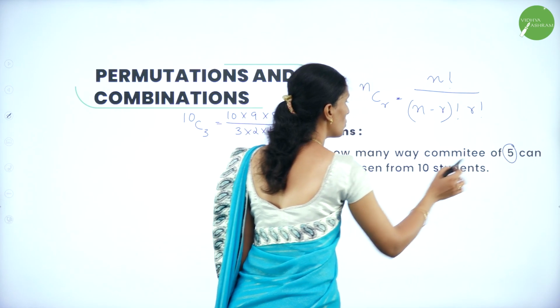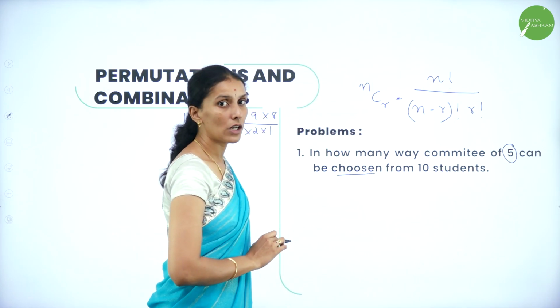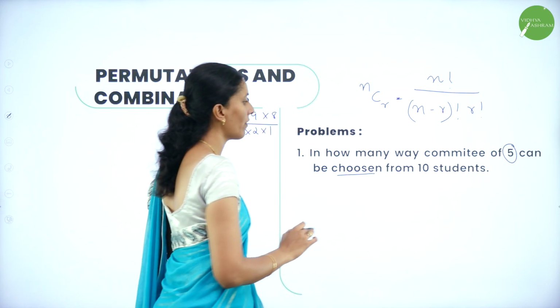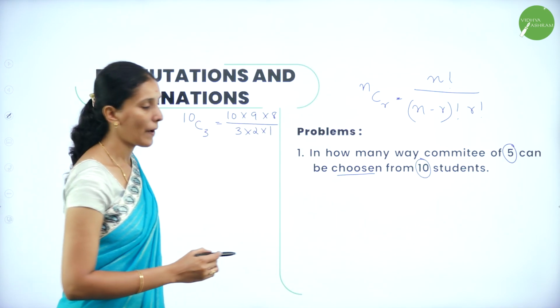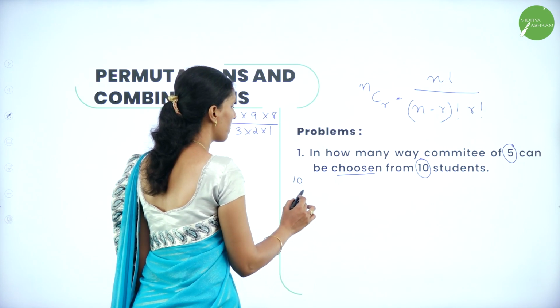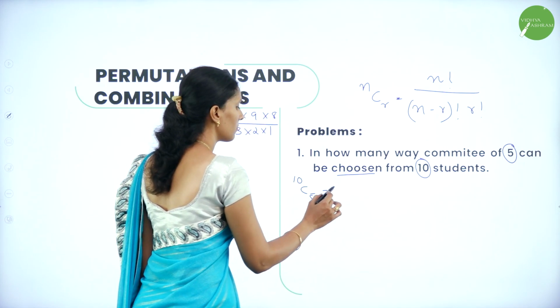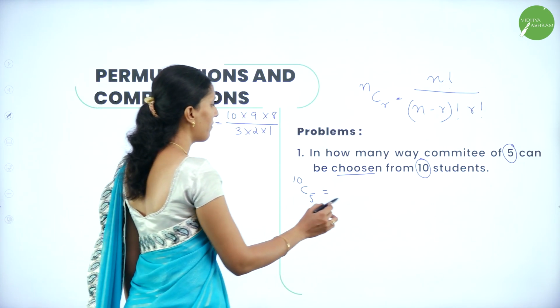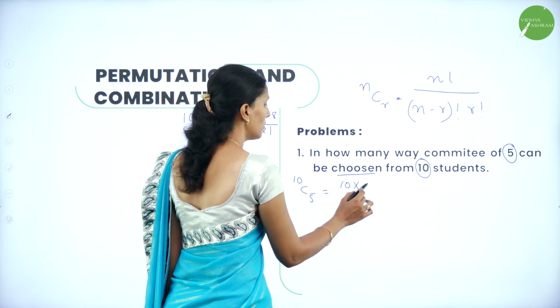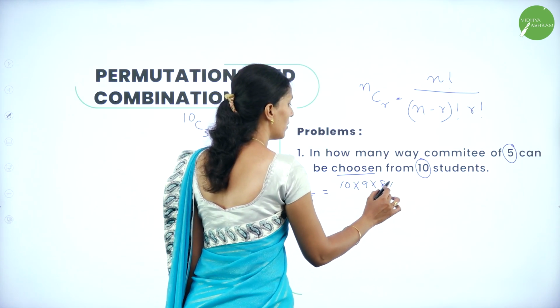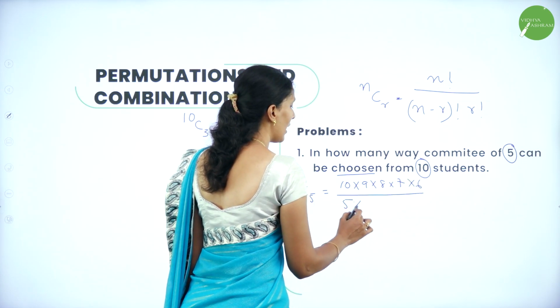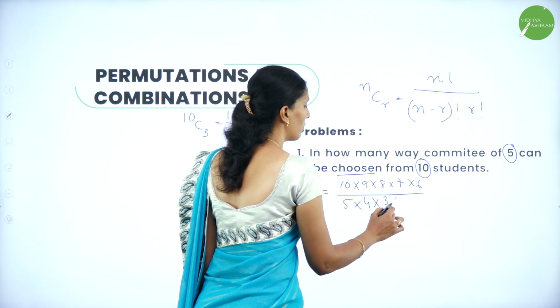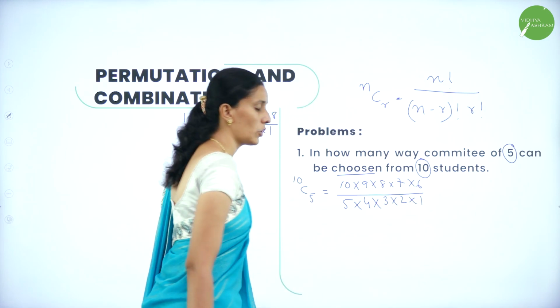We have to choose. Remember the word choose means combination. So 5 out of 10 students. So what will be my nCr? My nCr will be 10C5. Just write the 5 factors, that is 10 into 9 into 8 into 7 into 6 divided by 5 factorial, that is 5 into 4 into 3 into 2 into 1.